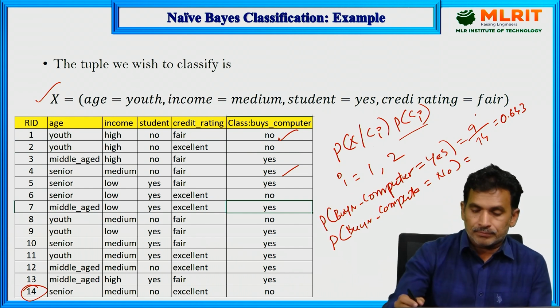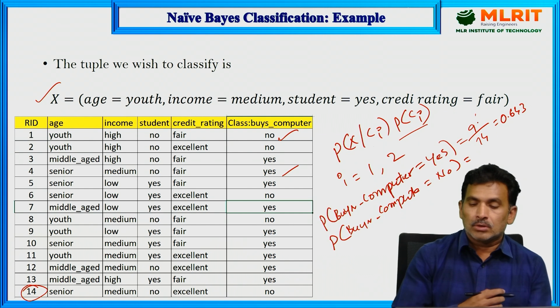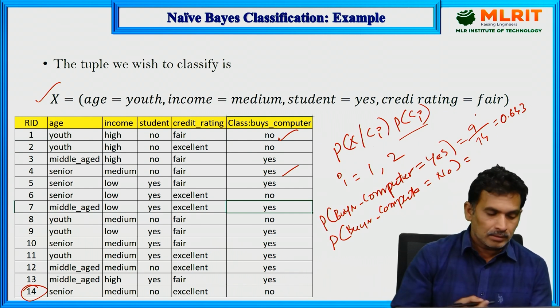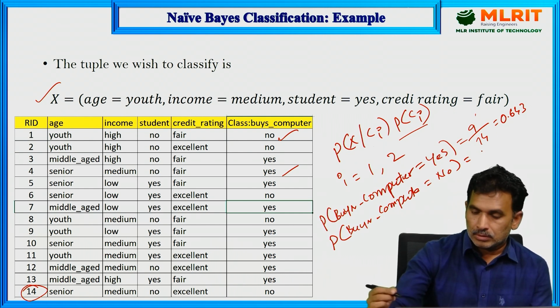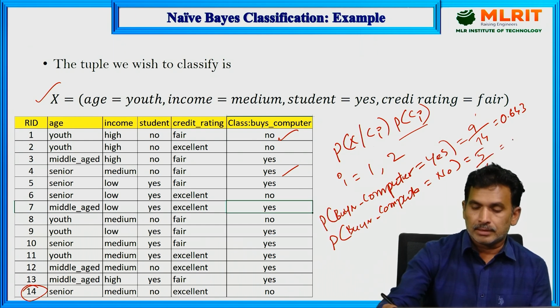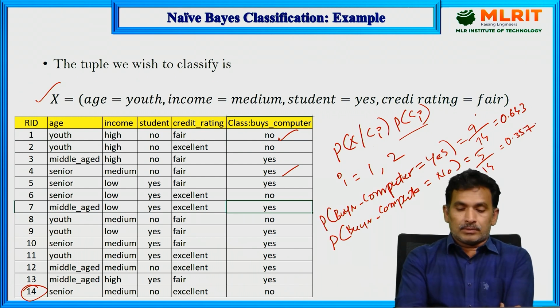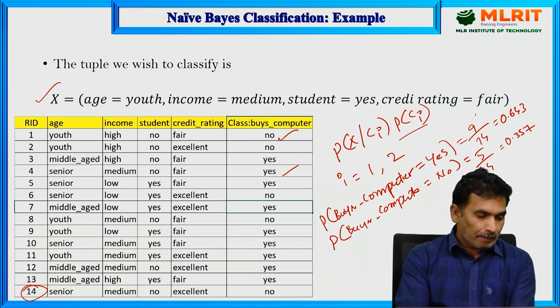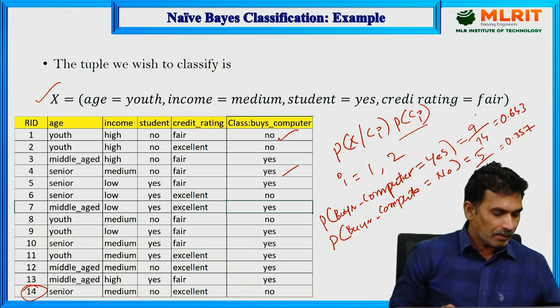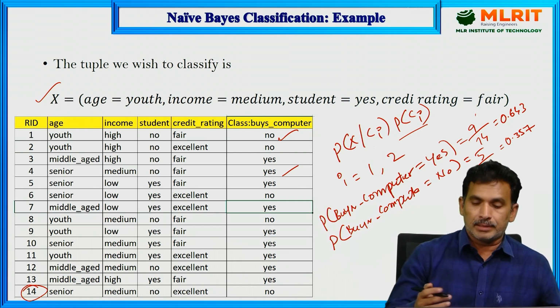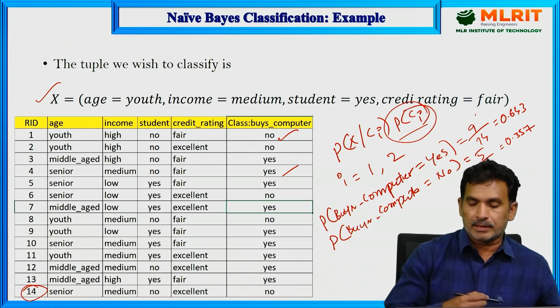Out of 14, 9 have the class label yes, so the remaining 5 have no. That is expressed as 5 out of 14, which equals 0.357. I'm directly writing the values; you can also calculate it. This is the class prior probability, and this part we have calculated.